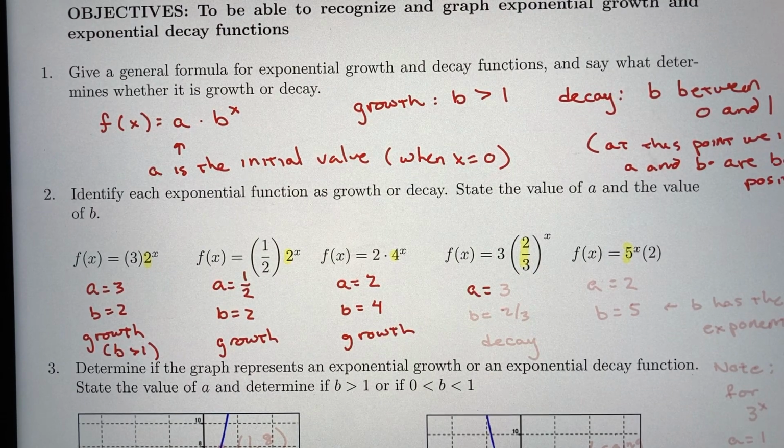A is 3, b is less than 1 this time. A is not 5, a is 2. Be careful.